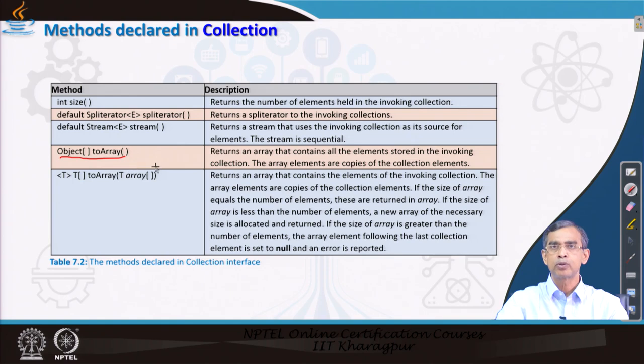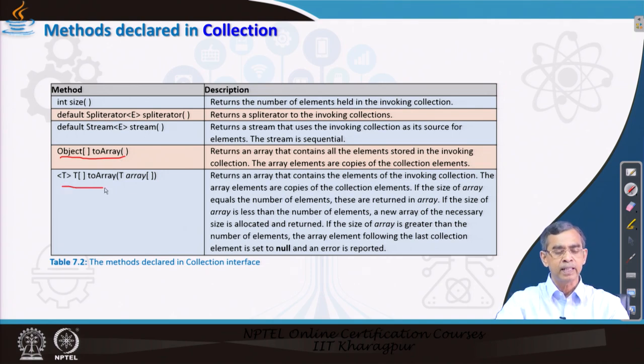The existing collection can be a linked list, can be a tree, can be in the form of a hash set or whatever it is, and it will convert the existing collection from whatever present form to store it into an array form. Sometimes an array is compatible for many programmers, they want to have this collection in the form of an array. So, it basically represents this one.